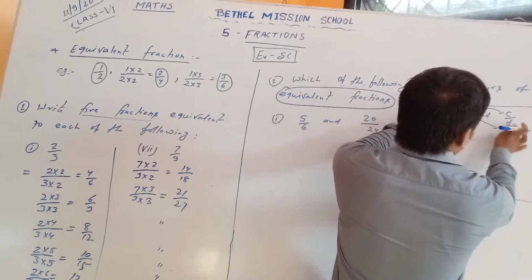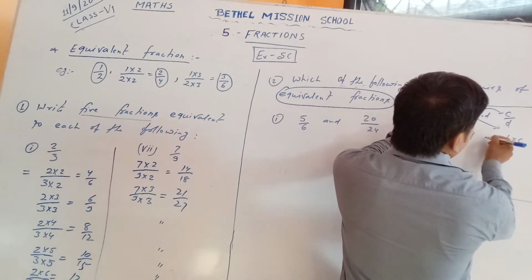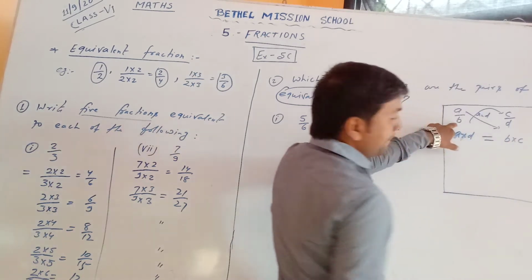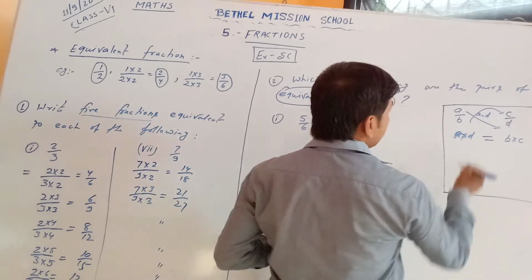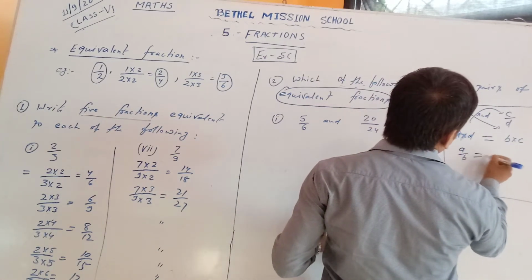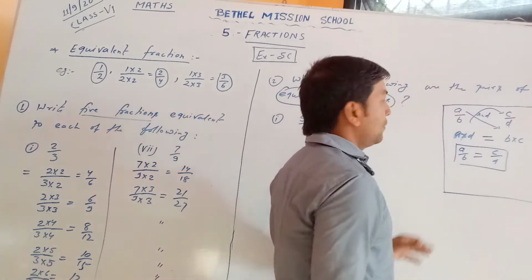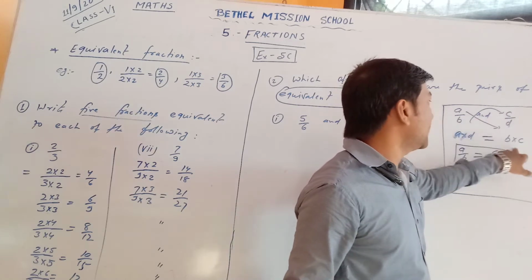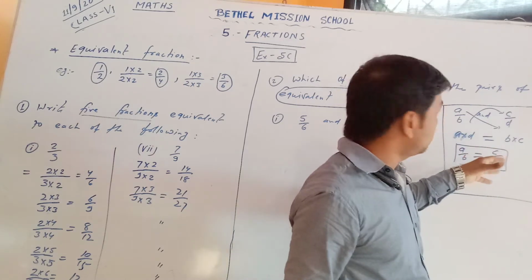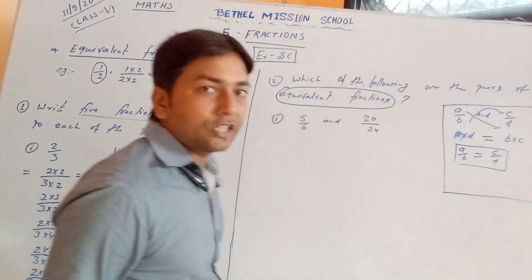If both have equal value, then a/b equals c/d. If a into d does not equal b into c, then these two are not equivalent.